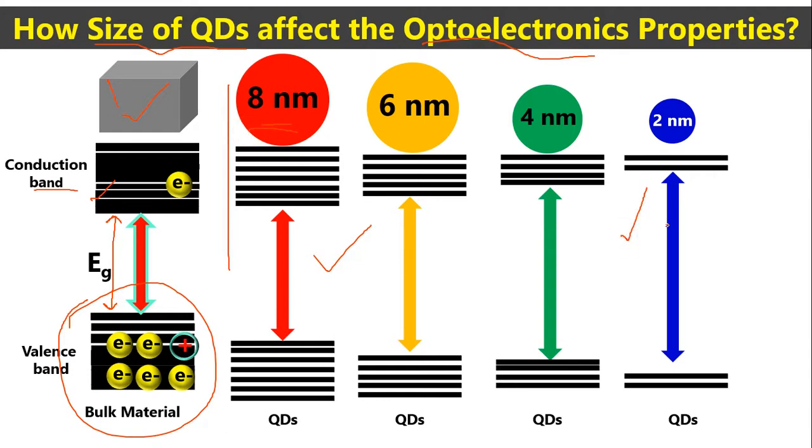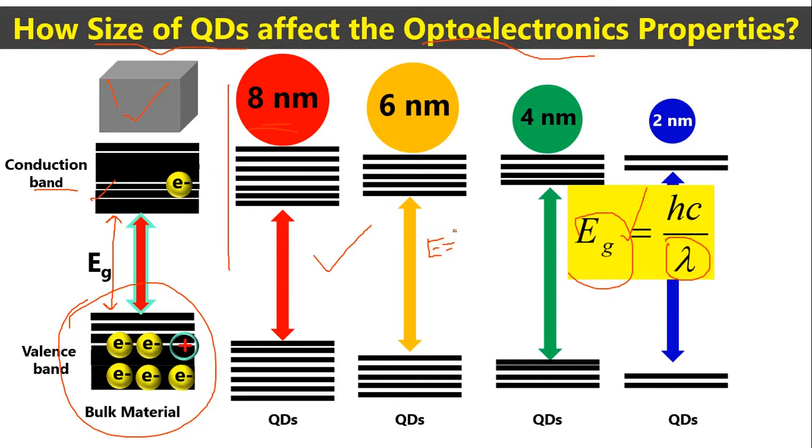When the band gap increases, we know this very famous equation: the wavelength decreases. When the wavelength decreases, we use high energy photons, because the energy equation is E equals hc by lambda. So for instance, if we have a shorter wavelength, we will utilize high energy photons.